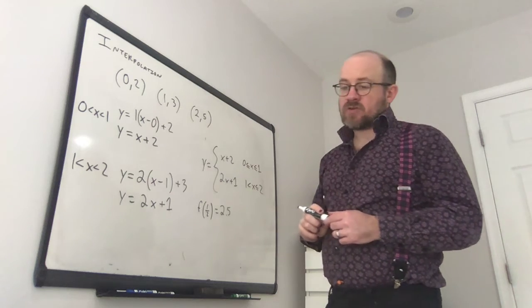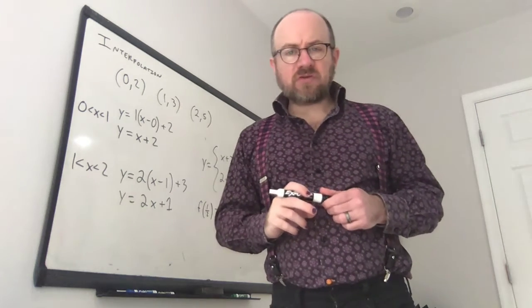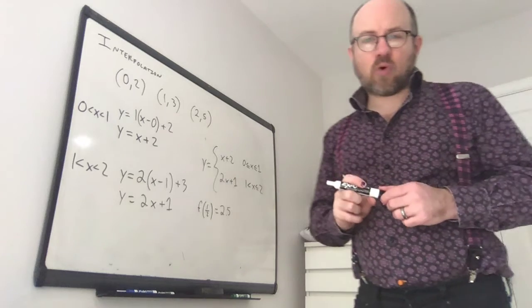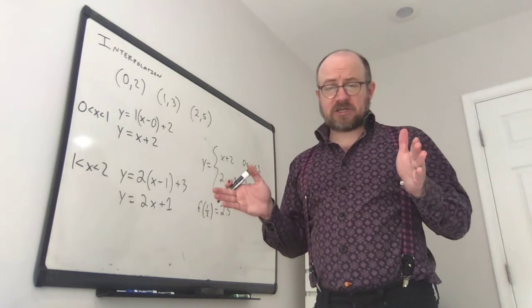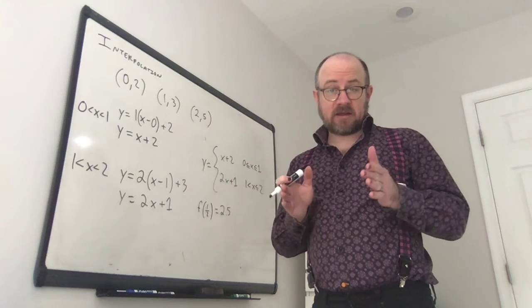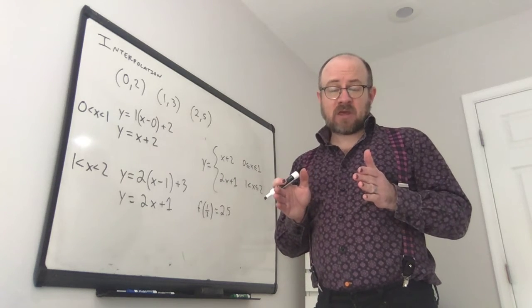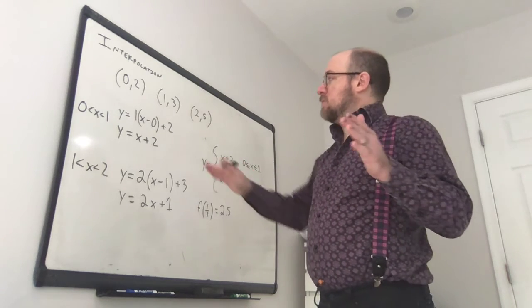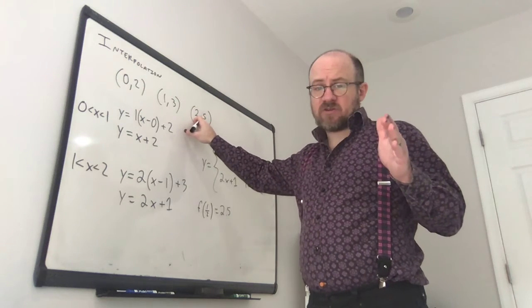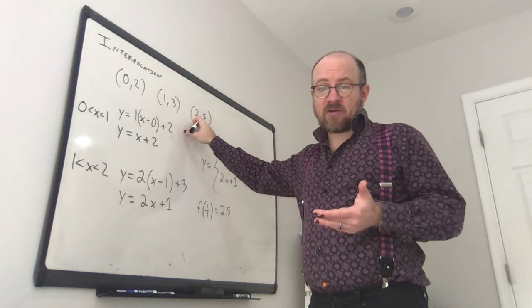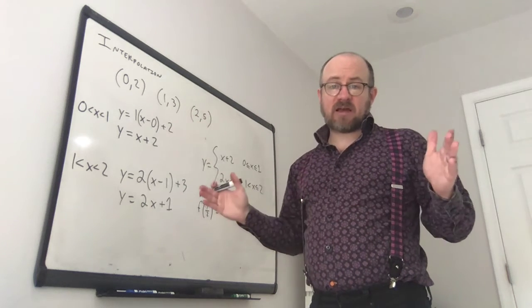Okay, so when you're using interpolation, the important thing is not to go outside of the range. Interpolation literally means between points. So you can use this to predict values between x equals 0 and x equals 2 to get predicted y values, but you can't use it outside of that range.